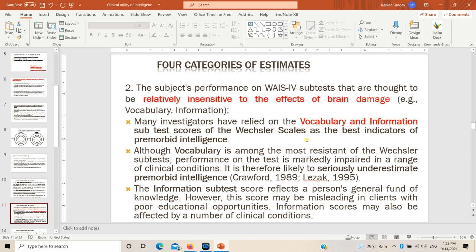So one who is coming from a good SES, having good opportunity to get education and training, will have a different level of information subtest score, though his or her IQ may be the same as that of a low SES individual who has poor or less opportunity for education. So the second estimate is also not considered a very good estimate.